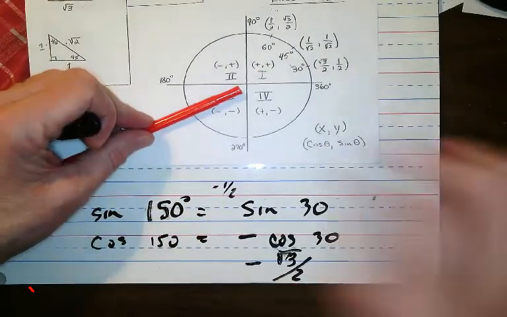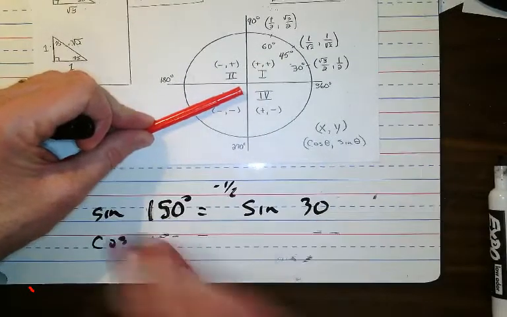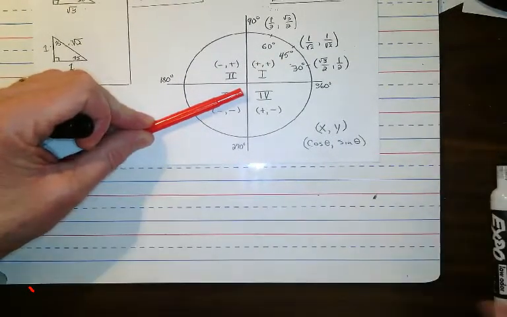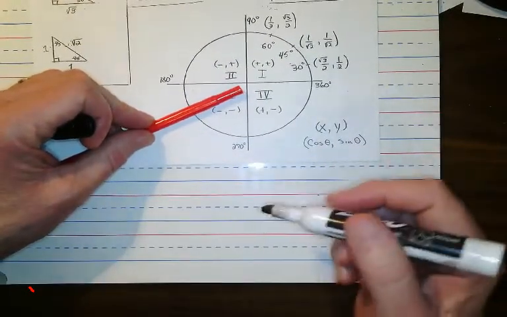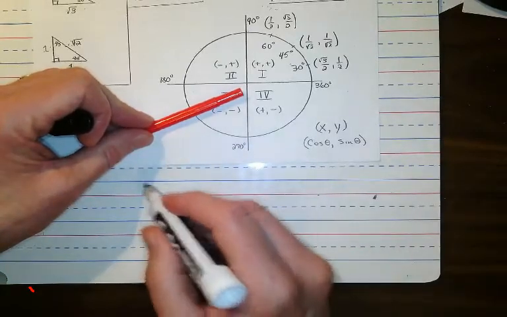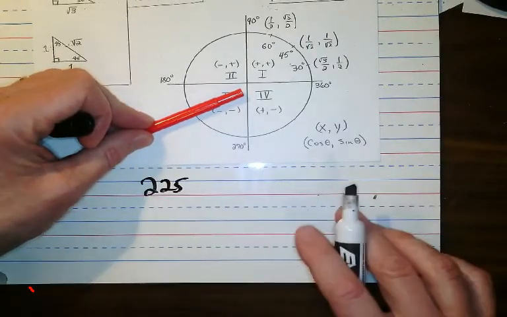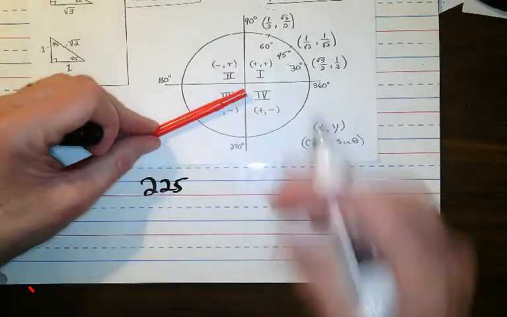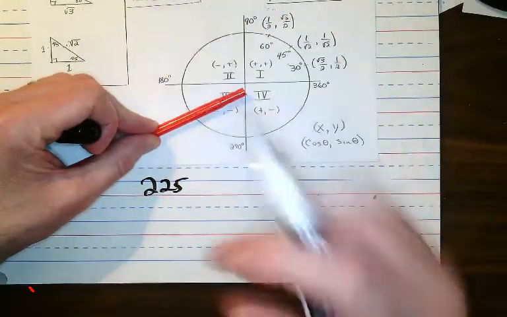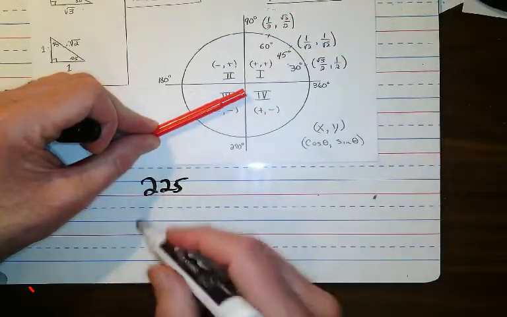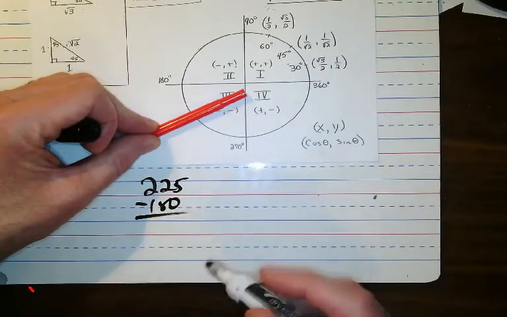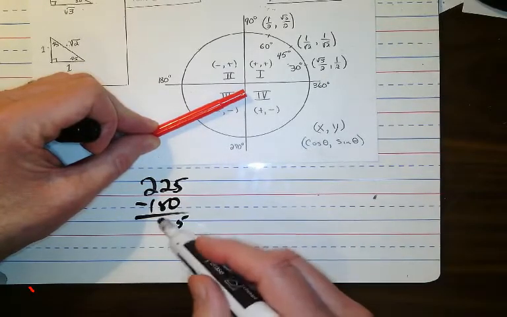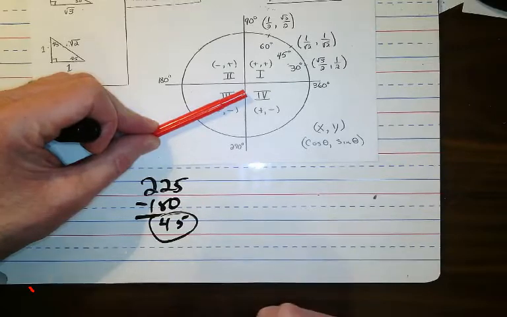What if our angle was over here? Let's do one that's, say, 225. How far away is 225 from 180? Because you have to find that reference angle. So let's subtract. That'd be 45. Hey, 45.